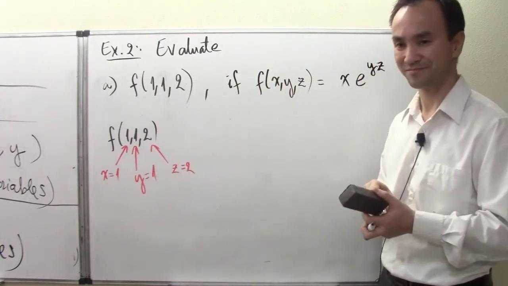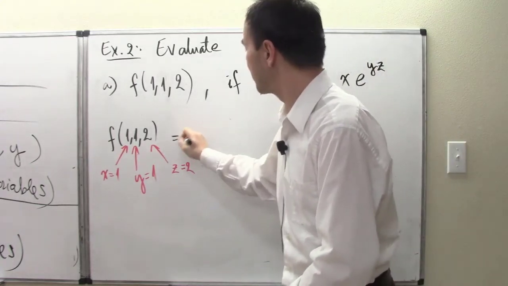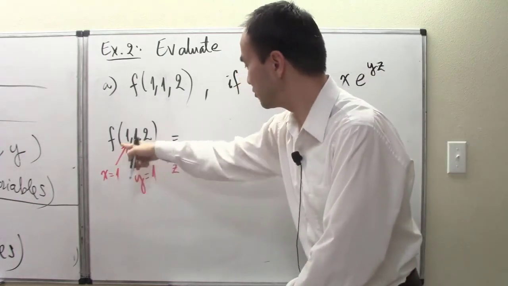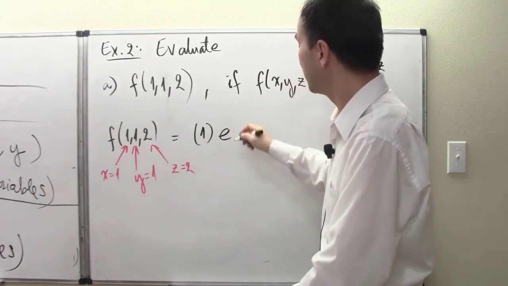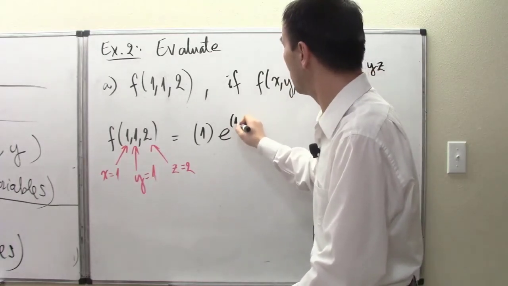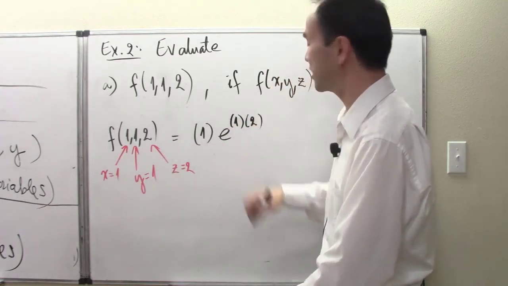All right. So now with the function previously defined, we know that x is equal to 1, so here it's 1 times e, but in the exponent part of this function, I substitute 1 for y, and then 2 for z.